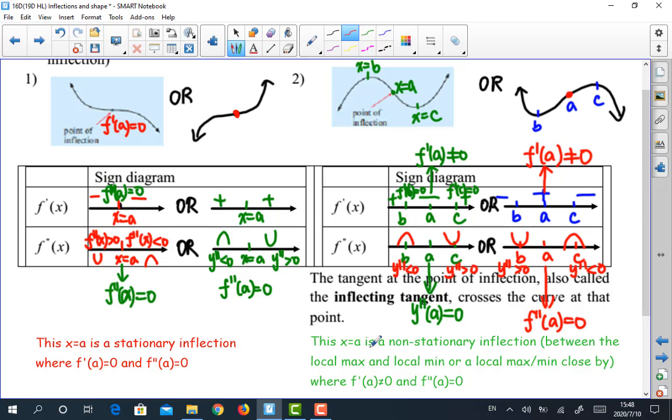So if x equals a is a non-stationary inflection, this non-stationary inflection must be between the local maximum and the local minimum, or you have a local maximum or local minimum nearby where f prime a cannot be 0, but f double prime a is 0. So if you have those properties at x equals a, this x equals a is a non-stationary inflection.